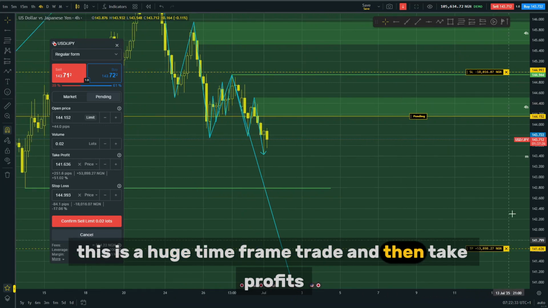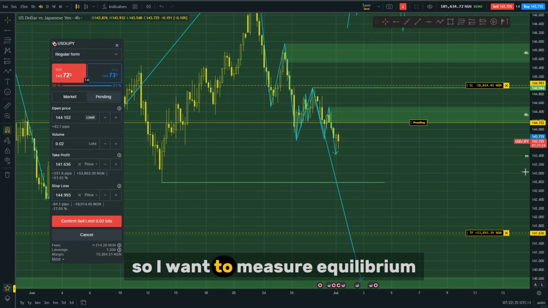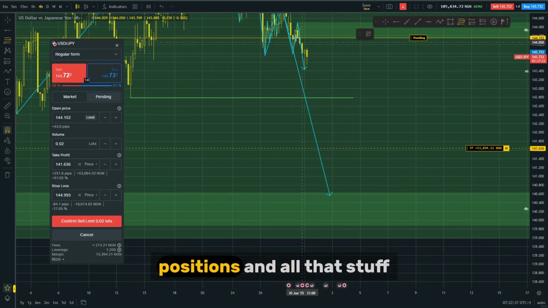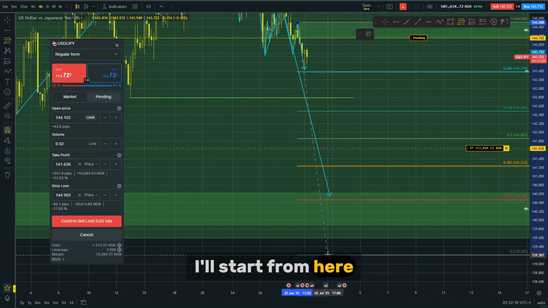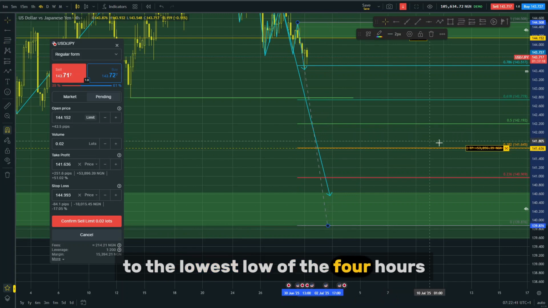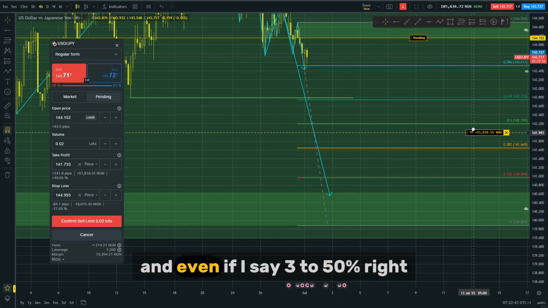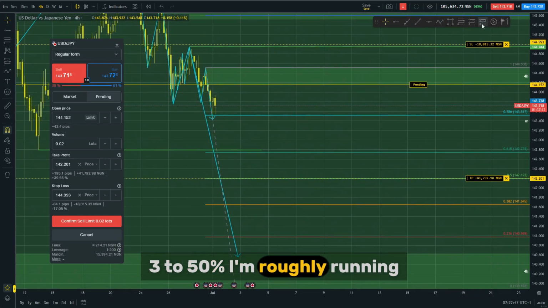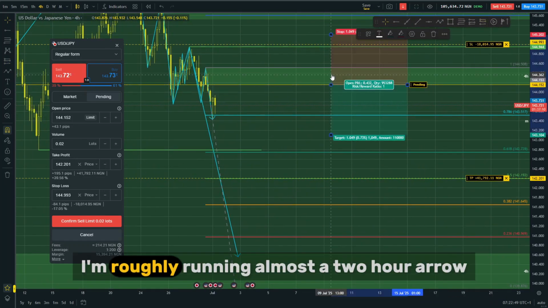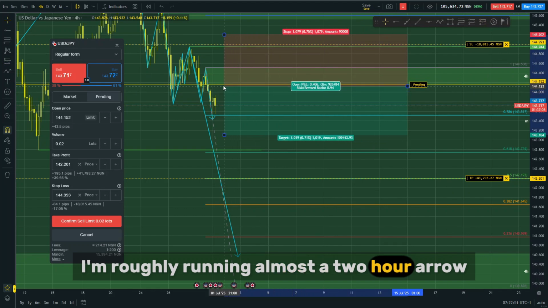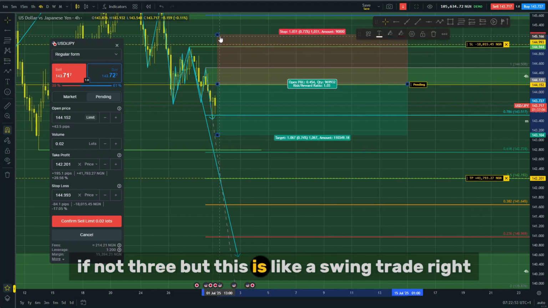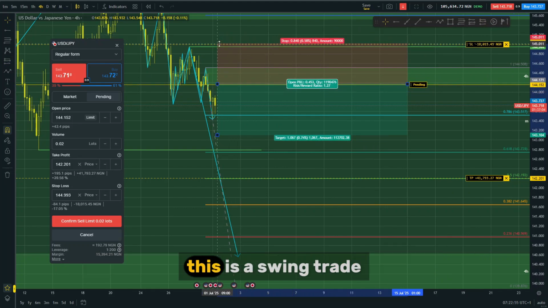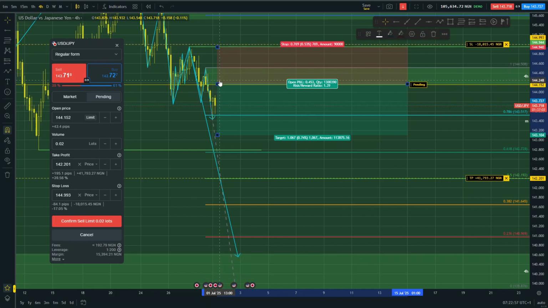And then take profits. So I want to measure equilibrium positions and all that. I'll start from here to the lowest low of the 4 hours, and even if I trade to 50%, I'm roughly running almost a 2 RR, if not 3. But this is a swing trade, right?